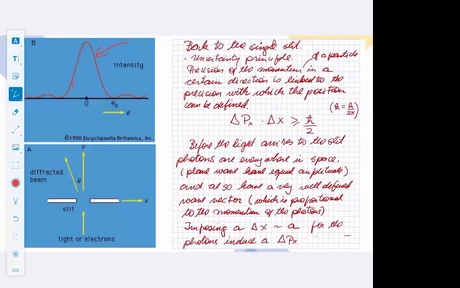This means that there's a higher probability in this position than in this position to receive a photon. The photons will start hitting this screen randomly in different places, but essentially you will end up building up more photons in this place than in this place. For the moment, I'm going to forget everything that goes beyond theta 0.